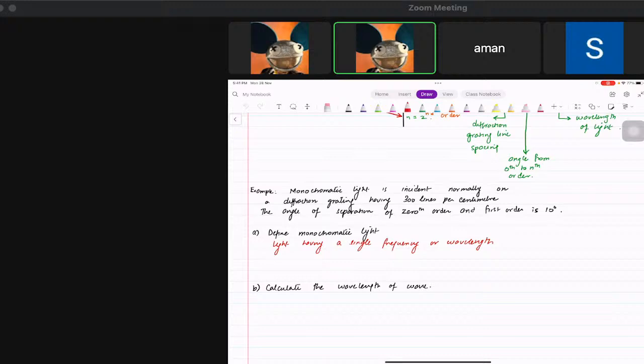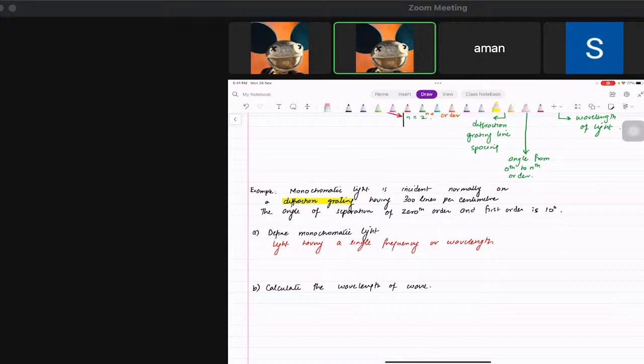Now, whenever you're going to do any question in waves, it is my advice to you that you always first look at what is expected of you, like what have they given to you. In this question there are two keywords. First of all, it's a question about diffraction grating.